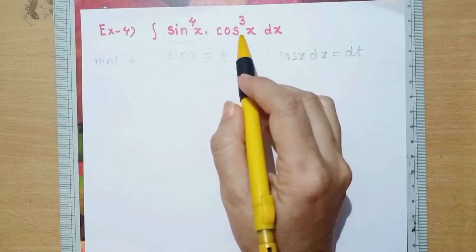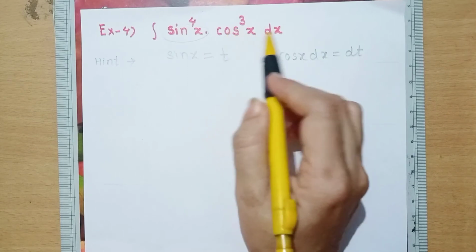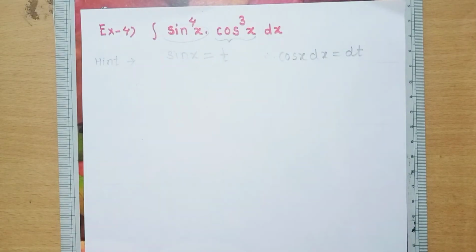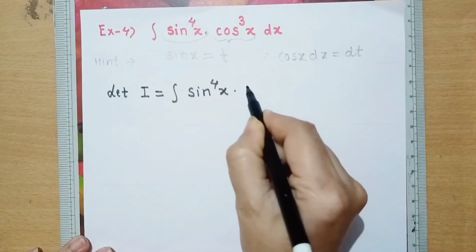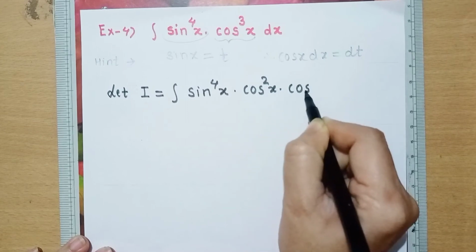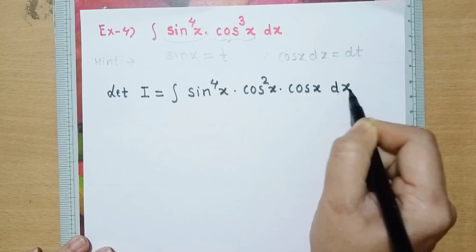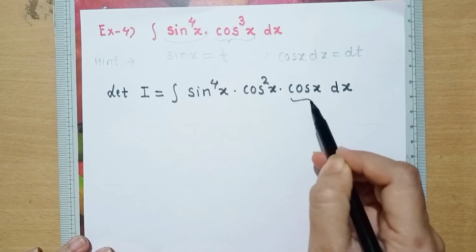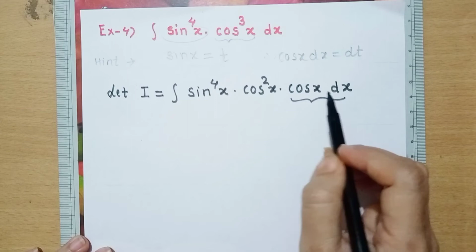Now check here. Here the term is cos cube x dx. So we will split this cos cube x as cos square x into cos of x dx. Now we know sine of x equal to t, and this cos of x dx equal to dt.